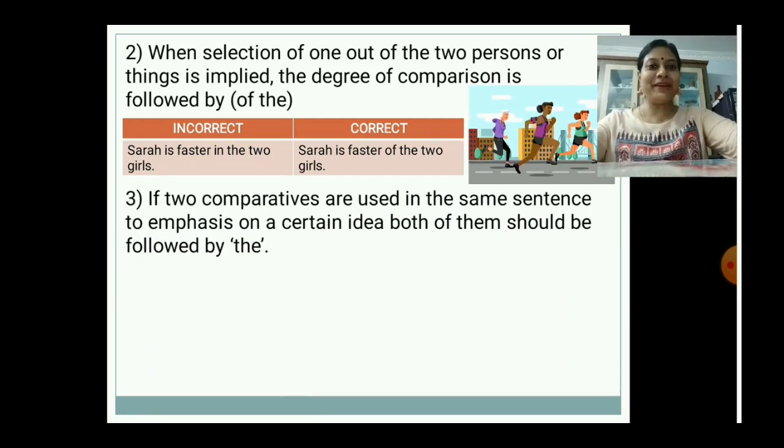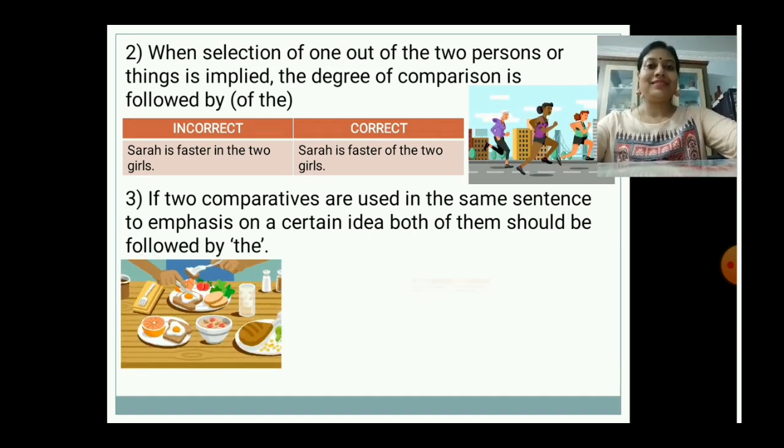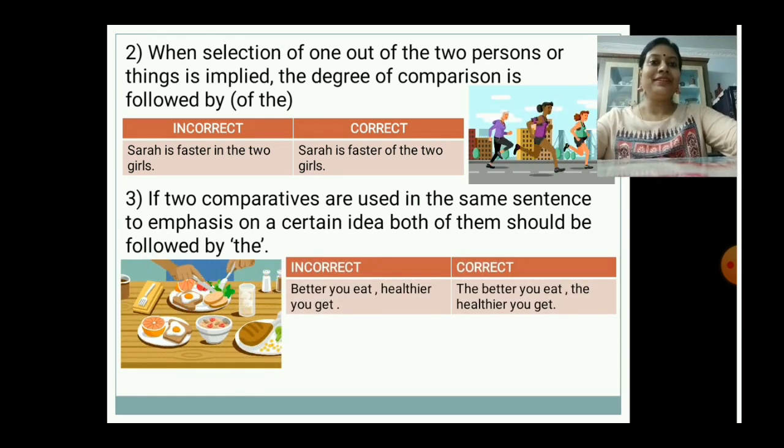If two comparatives are used in the same sentence to emphasize a certain idea, both of them should be followed by the. For example, better you eat, healthier you get. So the correct way of writing this sentence is the better you eat, the healthier you get.